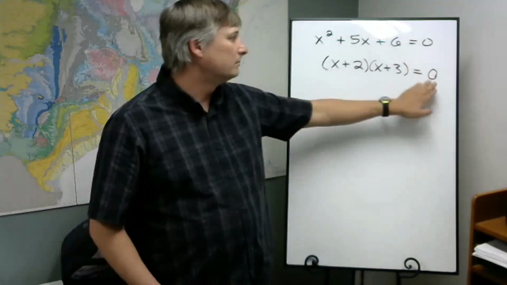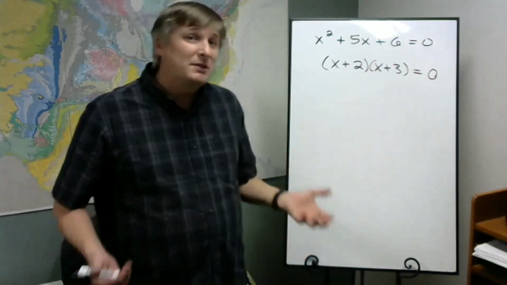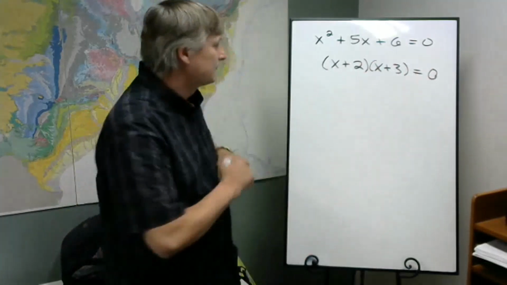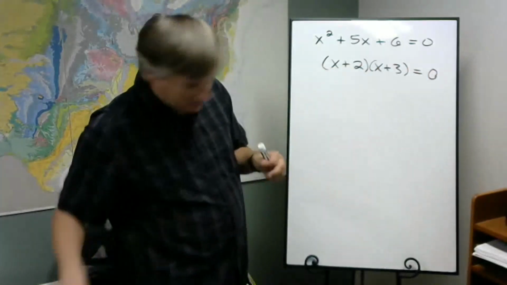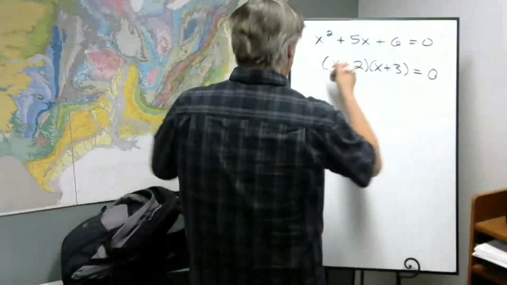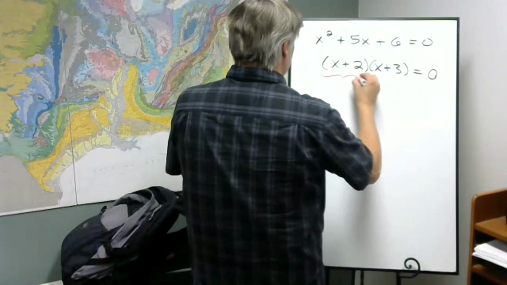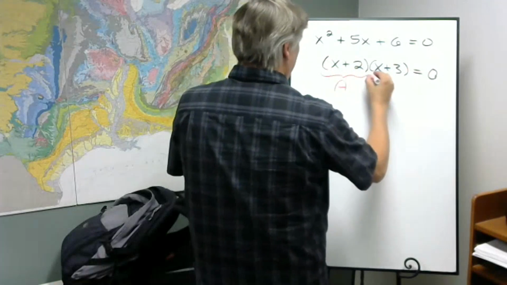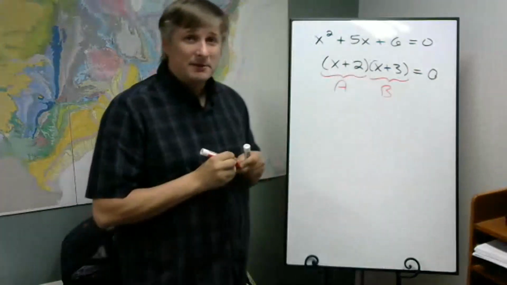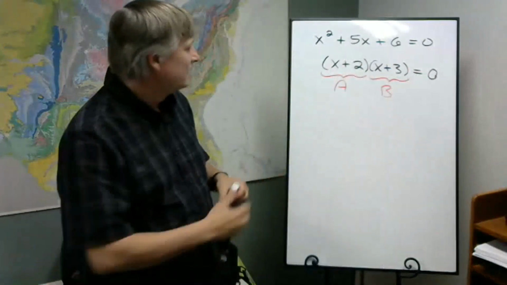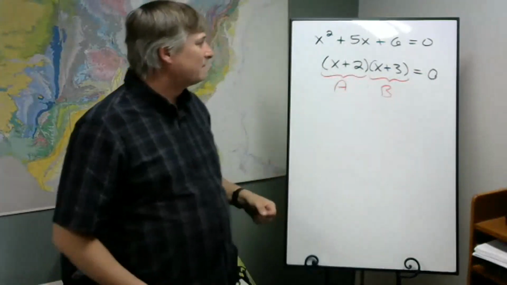This times 0 will be 0. So we need to consider two possibilities. This will be our A. And this will be our B.